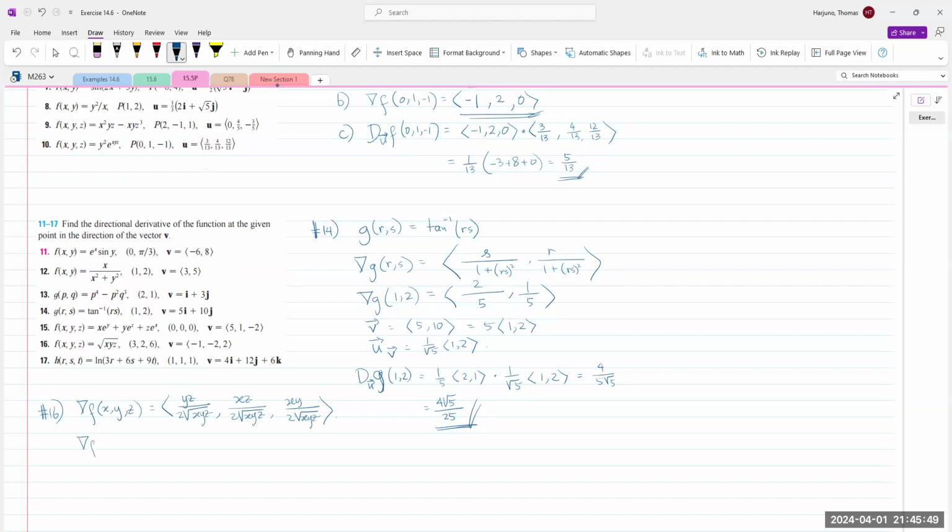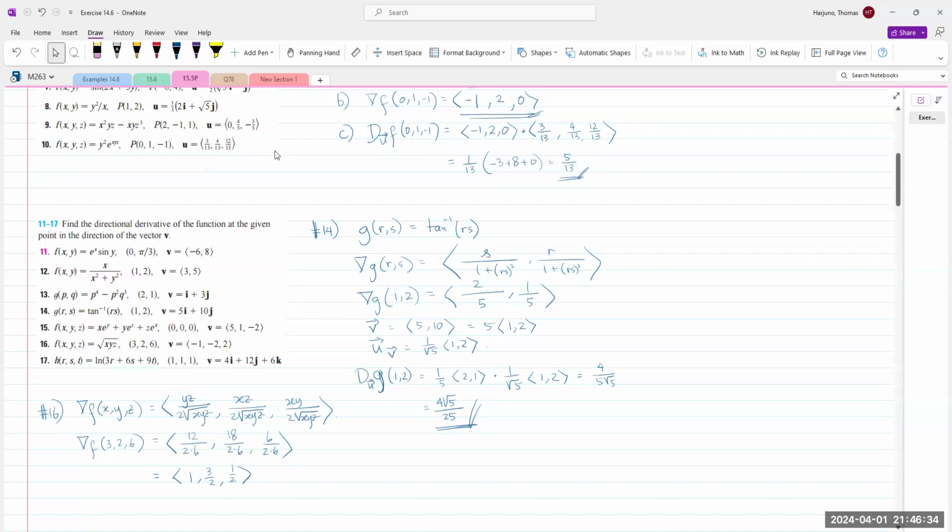So the gradient of f at (3, 2, 6) is 12 over 2 times 6, since xyz is 36 and the square root of that is 6. Then xz, that will be 18 over 2 times 6, and this is 6 over 2 times 6. Actually, I can cancel by 6 all of them, right? So this becomes 1, that's 3/2, and this is 1/2. Am I right?